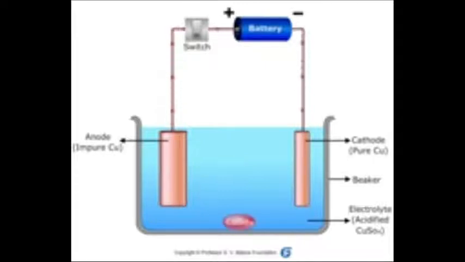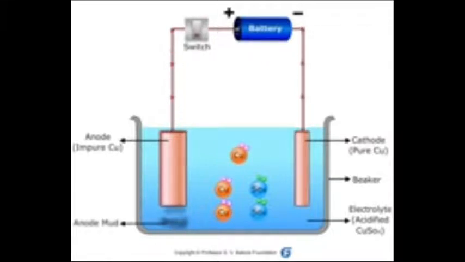When the electricity is passed, the acidified copper sulfate solution will start dividing into ions as Cu2+ and SO4 2-. And whatever copper is on the anode will start coming out into the electrolyte and move towards the cathode.